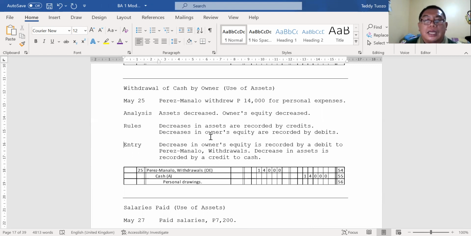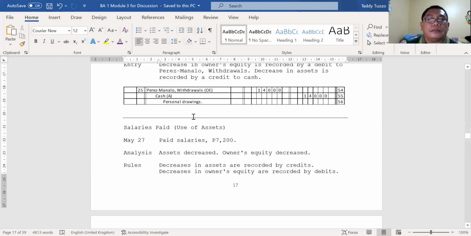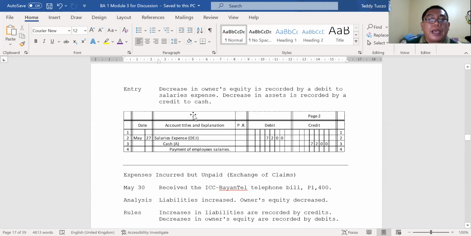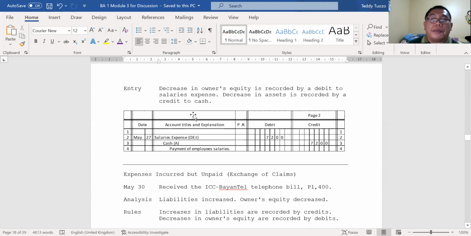So the debit entry here is the Perez Manalo withdrawals, and the credit would be cash because cash is decreased by the transaction. May 27, again, paid salaries, 7,200. The same entry as in the previous transaction. So debit to salaries expense and credit to cash for 7,200.